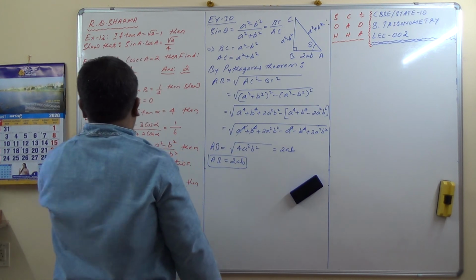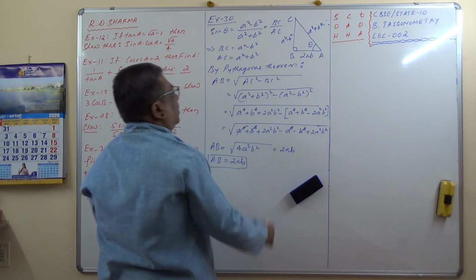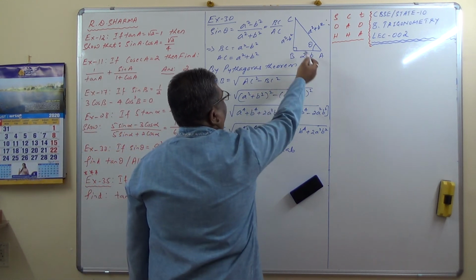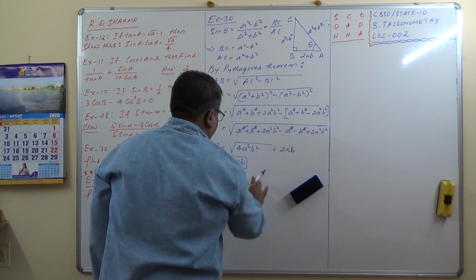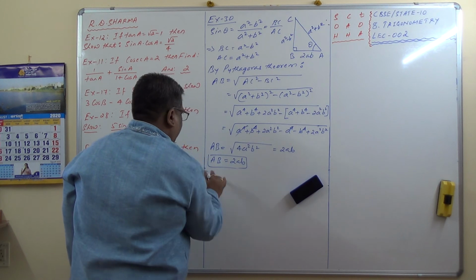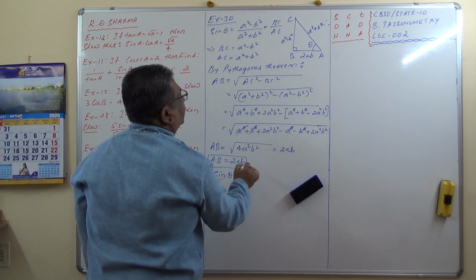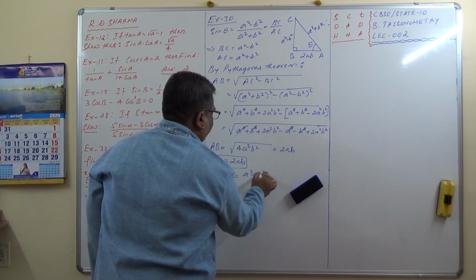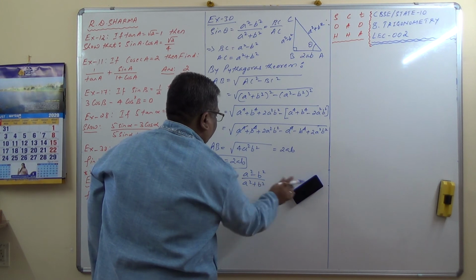Now, question is to find all t ratios, so we'll find out all ratios. Sin theta equals a square minus b square divided by a square plus b square.